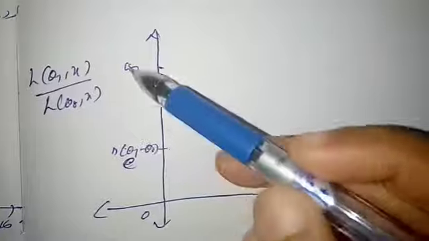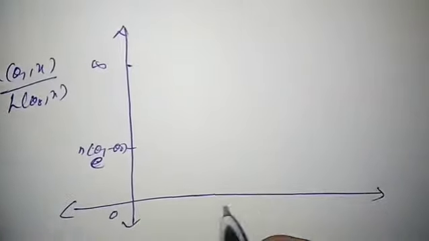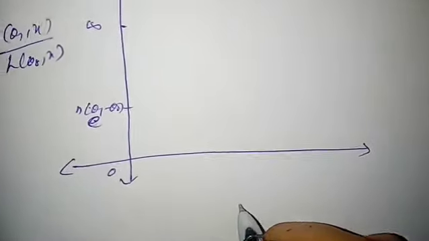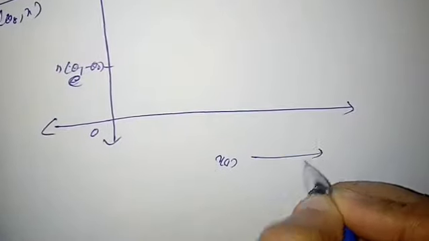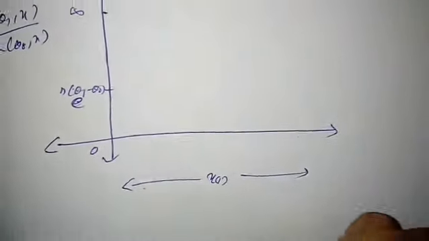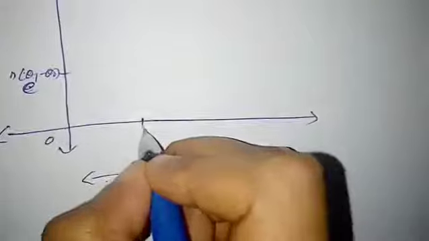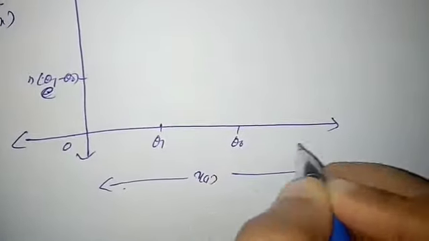Here we will take the ratio on the y-axis, and the x-axis takes the first order statistic x1, with θ1 and θ0 marked.